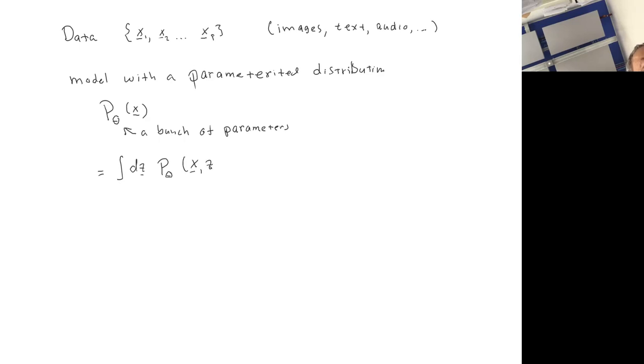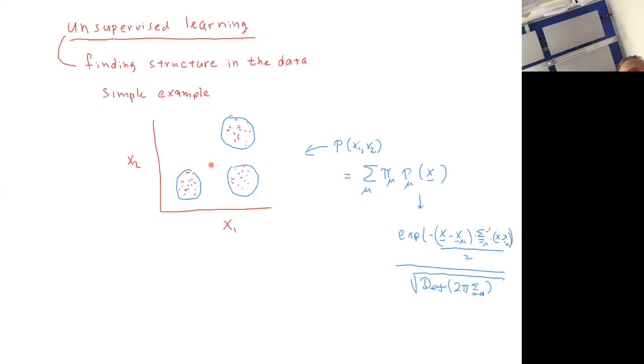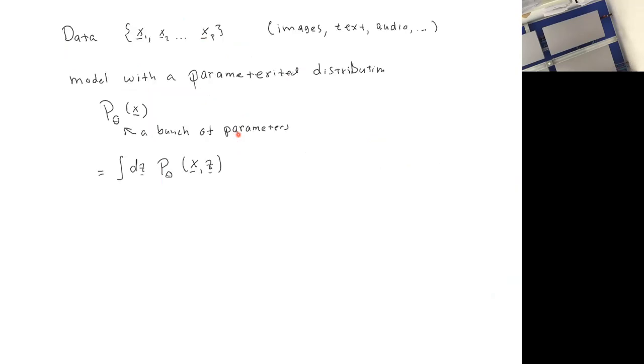The idea is that z might be like a dog or a cat or anything. There's structure in the world from these latents. Different latents give us different things: latent 1 gives us this, latent 2 gives us that, latent 3 gives us that. What we don't know is what this distribution looks like, so we're going to try to learn these parameters.